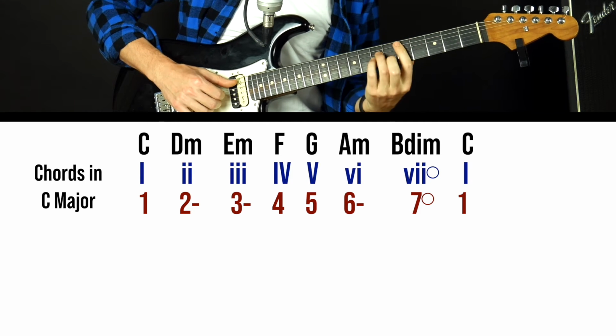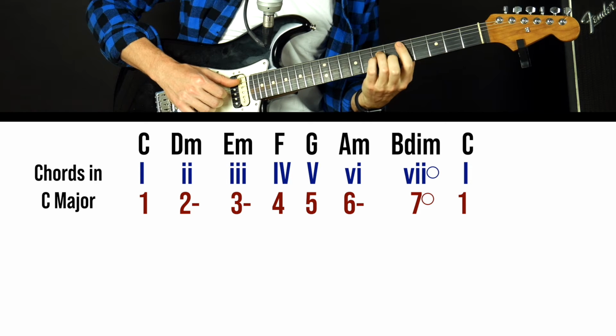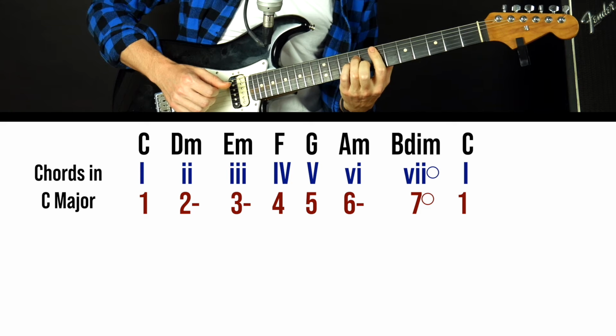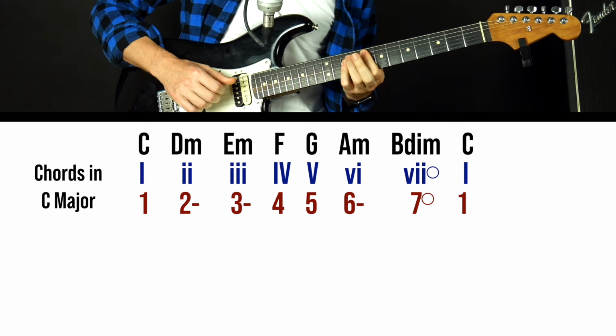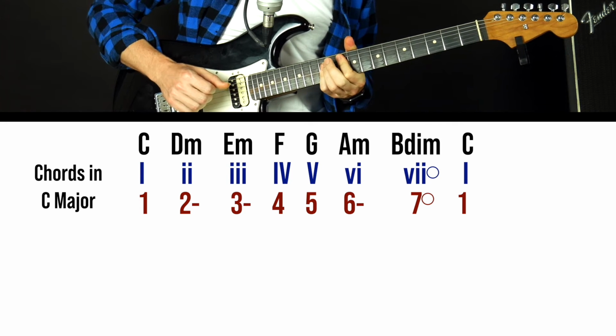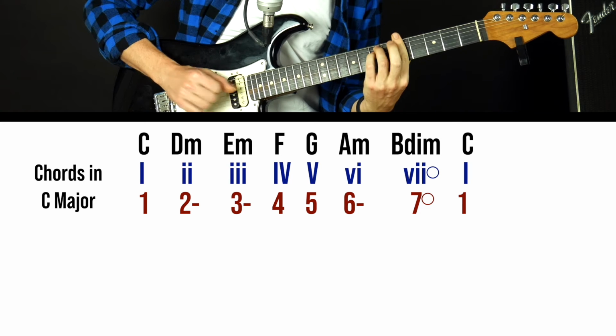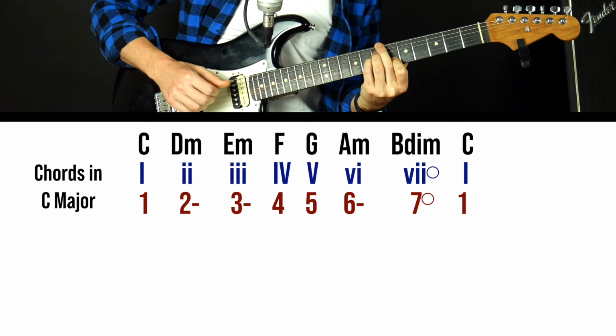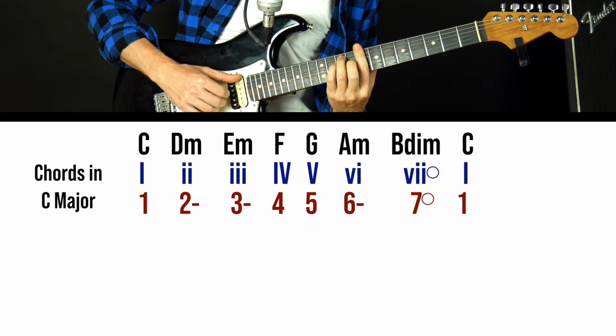C major, 1, 2 minor, D minor, E minor, 3 minor, F major, 4 major, G major, 5 major, A minor, 6 minor, B diminished, 7 diminished, back to 1 major.